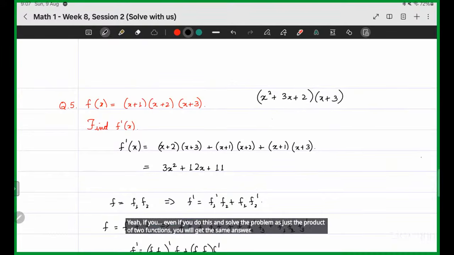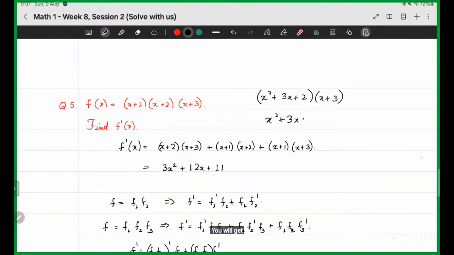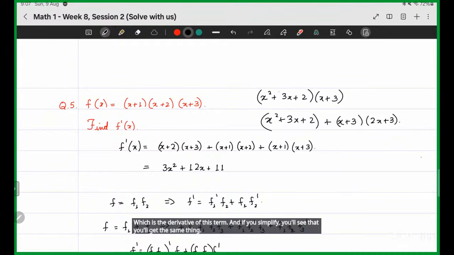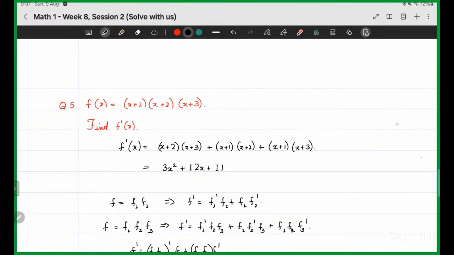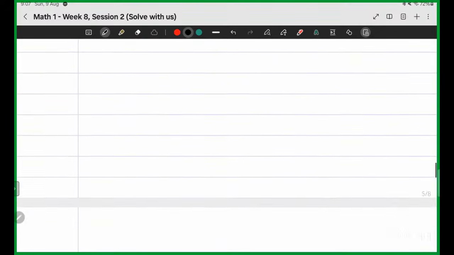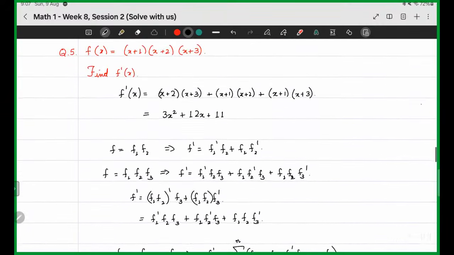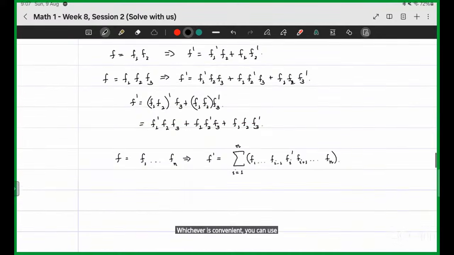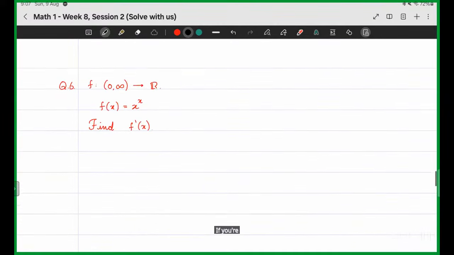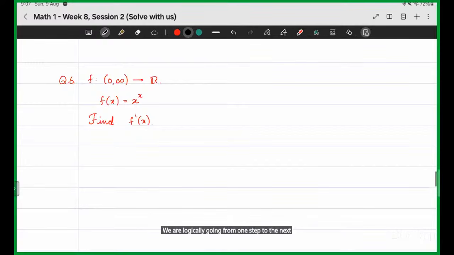You will get x square plus 3x plus 2 times the derivative of this, which is 1, plus x plus 3 times 2x plus 3, which is the derivative of this term. And if you simplify, you'll see that you'll get the same thing. Whichever is convenient, you can use. Both are correct. If you're logically going from one step to the next, there's no way you'll make a mistake.